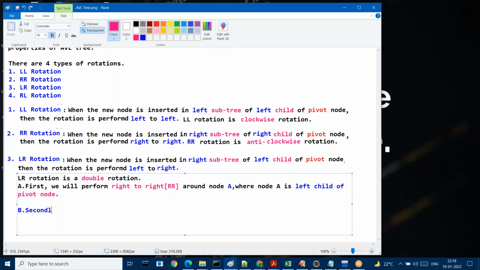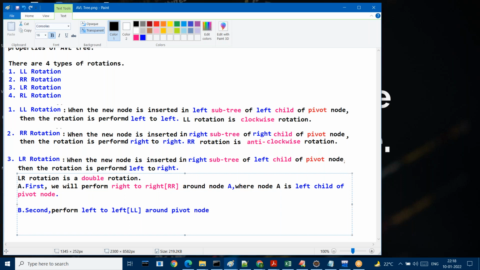Secondly, this is first, second. Perform left to left. LL. Yes. Perform left to left. Super. Whenever it is rotation, you will ask, sir, with respect to what? Perform left to left around pivot node.